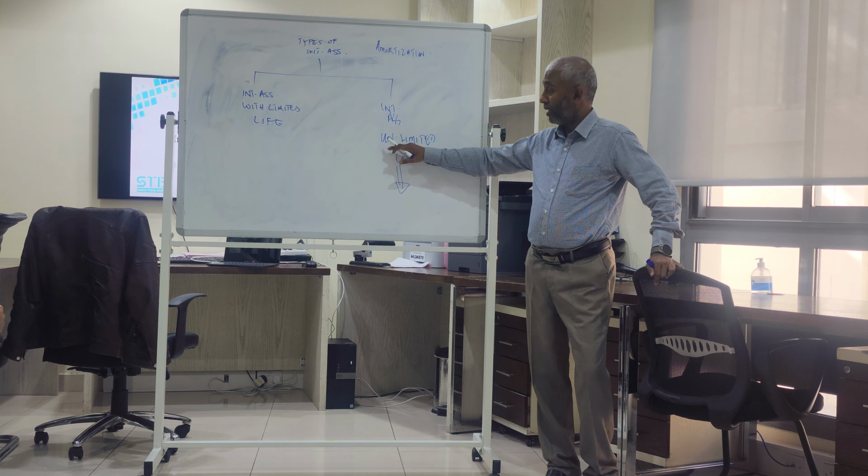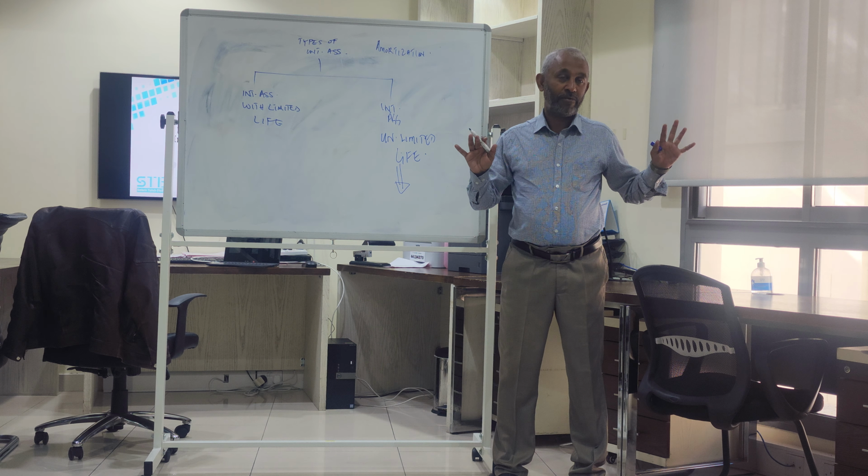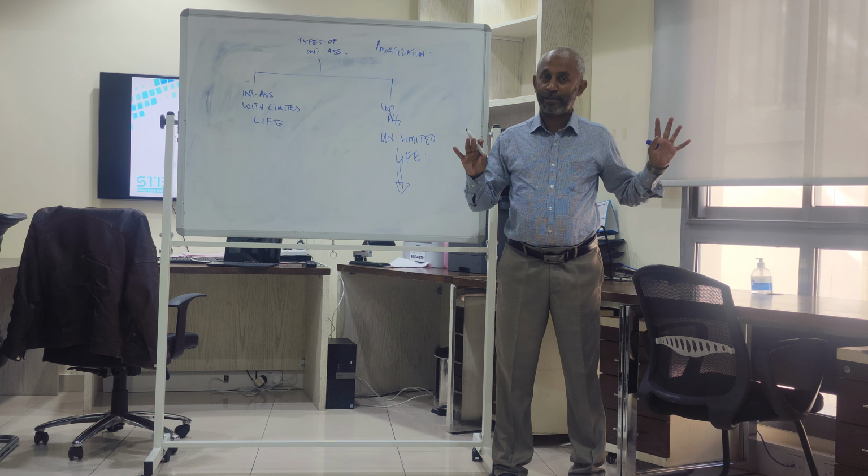But let's say goodwill. We are a very famous organization. We talked about Arthur Andersen in the last class, right? A very famous auditing firm in the world. But what happened one fine day? They had to close everything. So then you would end up facing reputational risk.